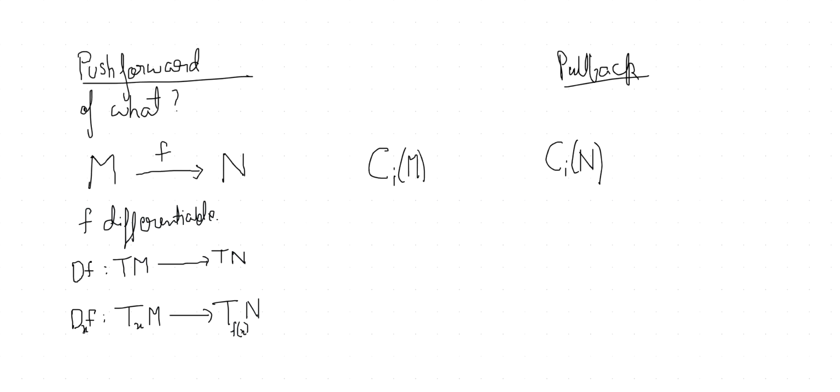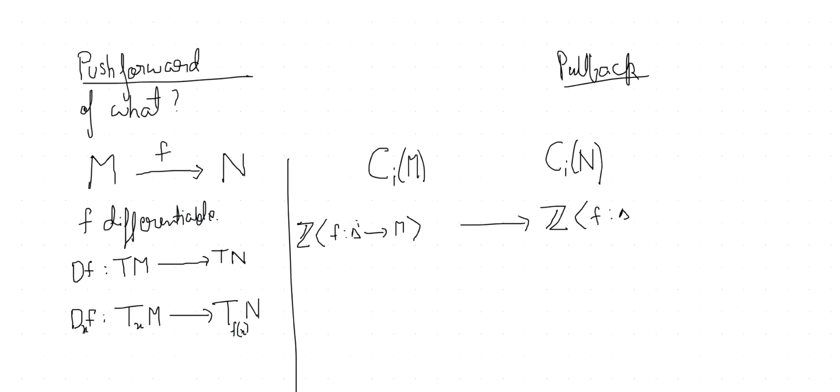Yeah. So this is just the free abelian group, or a Z-module, or in general an R-module, generated by these functions from Δ^i, which is the i-simplex, to M. And here you have the free abelian group, or in general an R-module, generated by i-chains on N. And you can see that this will induce this now.